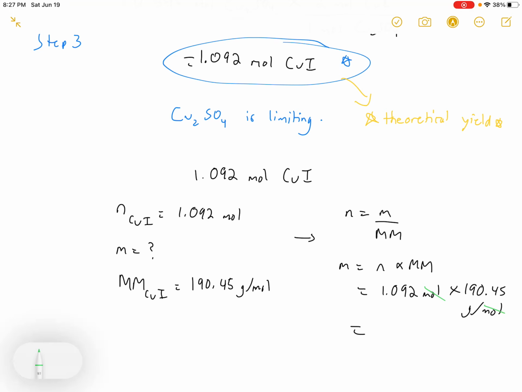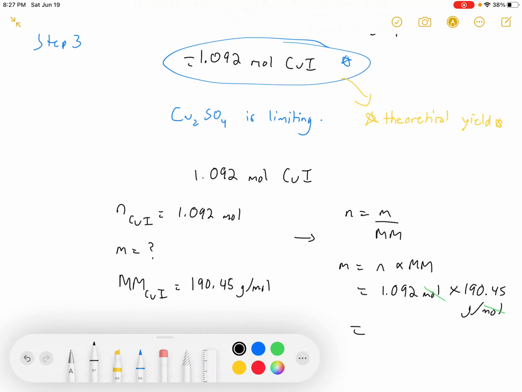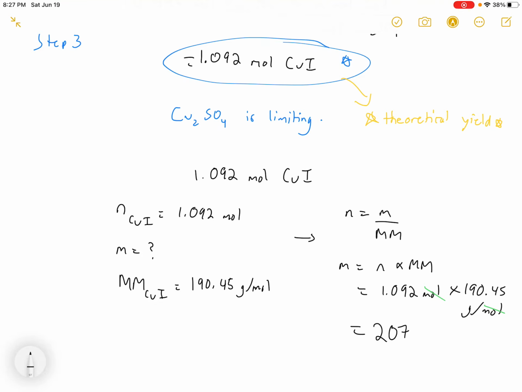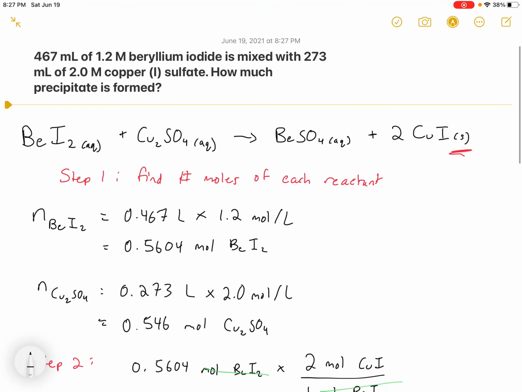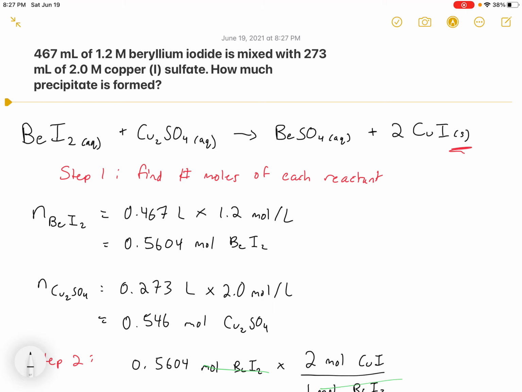Again, the units of moles are going to cancel out, and we'll see what that's going to leave us with. So that would be our final answer there: how much precipitate is formed when you mix those two solutions, right?